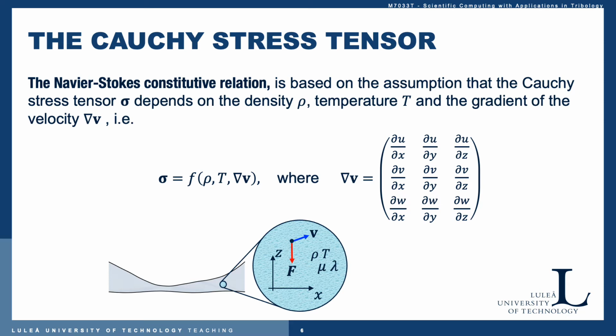It has a velocity in some direction. It may be affected by an external force field, could be gravity, here denoted F. And then we not only have ρ and T, but there are also other material parameters, mu and lambda, as we will look into on the next slide.